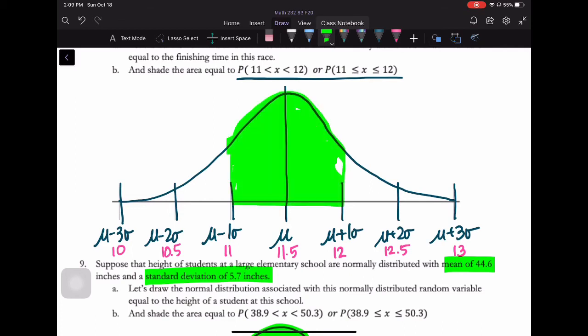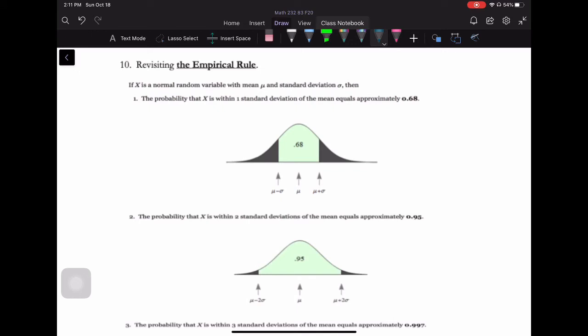Okay. Revisiting the empirical rule, we have percentages. The empirical rule says that the area from 1 standard deviation above and 1 standard deviation below the mean is 68%. The areas that I shaded in green on the previous page were equal to 68%.